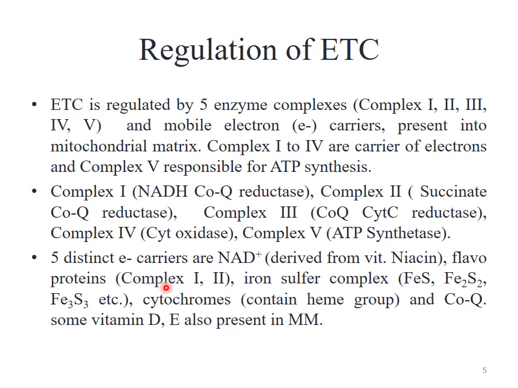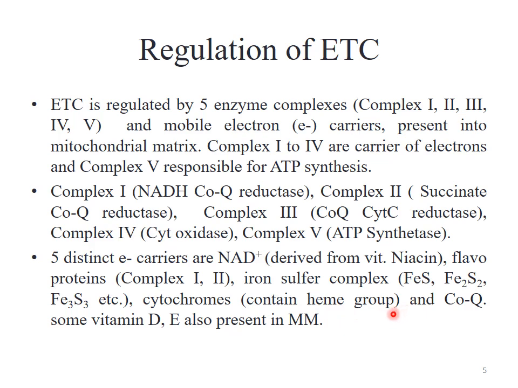which are derived from complex 1 and 2, iron sulfur complexes, for example FeS, Fe2S2, Fe3S3, and many other iron sulfur complexes. Cytochromes, which contain the heme group, but it is important to mention this heme group is different from hemoglobin, and its structure is different, and its function is also different.